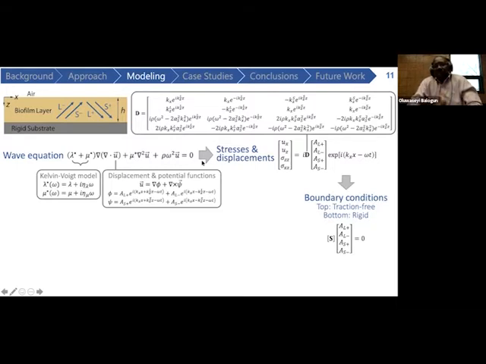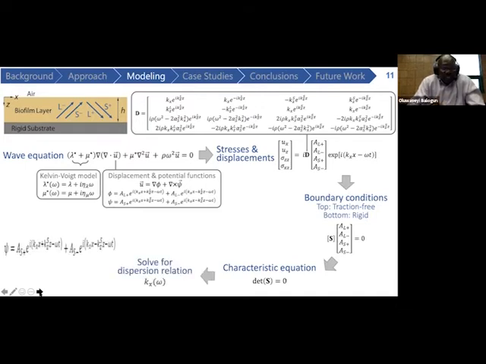When you apply the boundary conditions, and I apologize for the busy slide I have here, what you end up with is a characteristic equation, and the solution to that equation tells us all the possible modes that can propagate in that biofilm. And that's what we're going to look at next, okay?